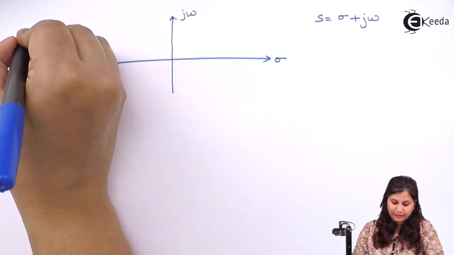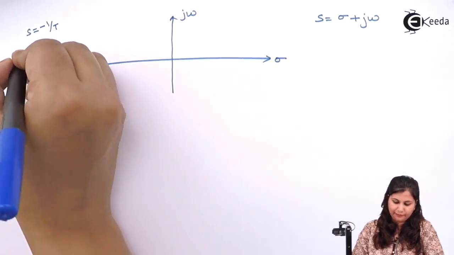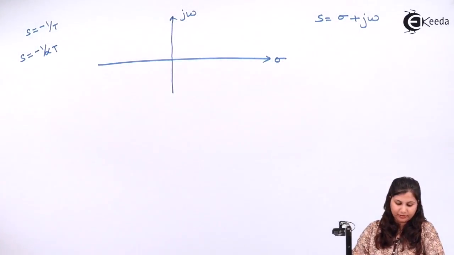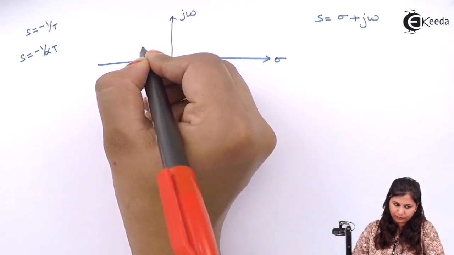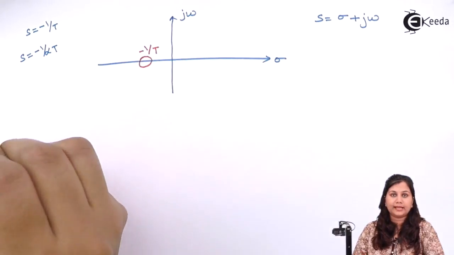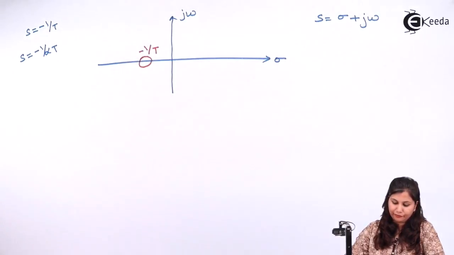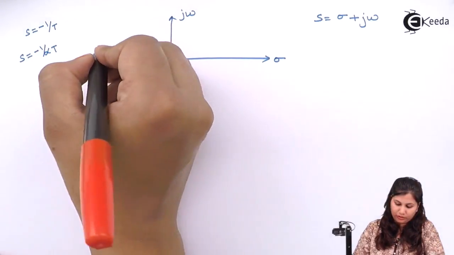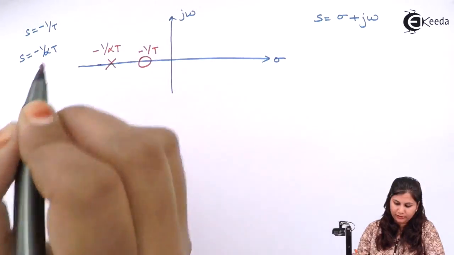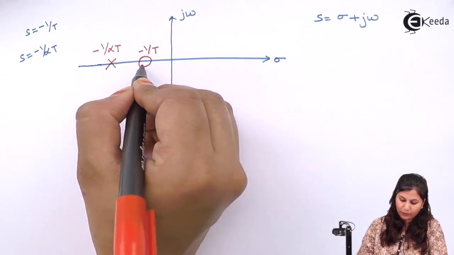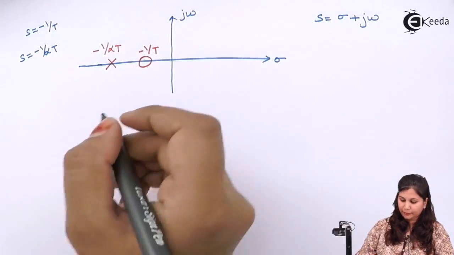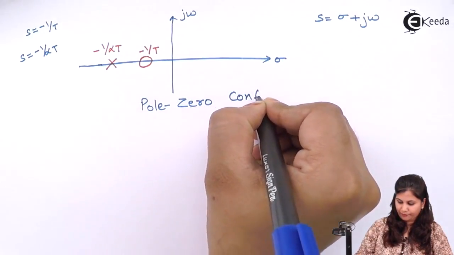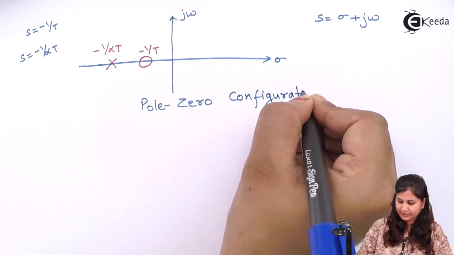Now the zero is at S equals minus 1 by T, and the pole is at S equals minus 1 upon alpha T. So we represent the zero here, at minus 1 upon T, with a circle, and the pole with a cross sign at minus 1 upon alpha T. So there is one pole and one zero, and this is the pole-zero configuration of the phase lead network.